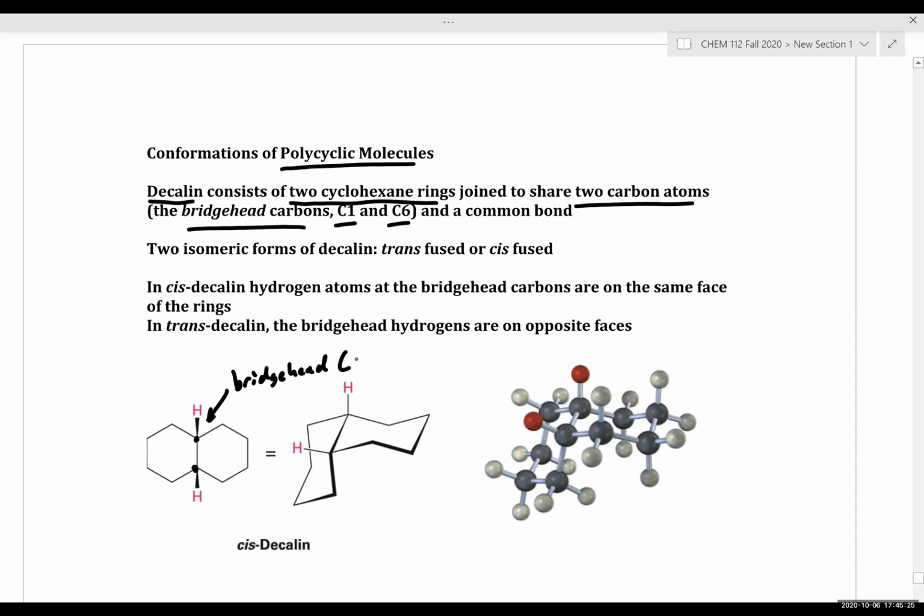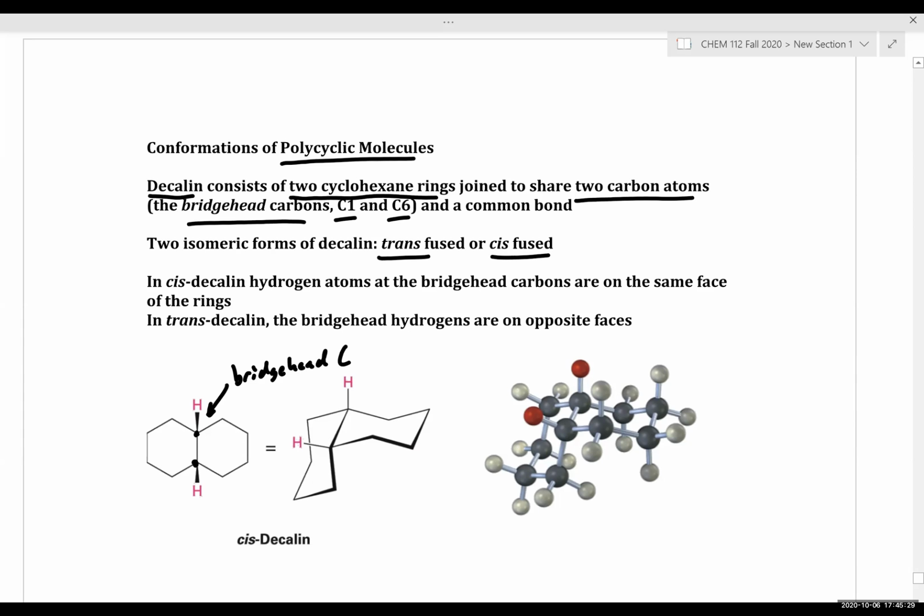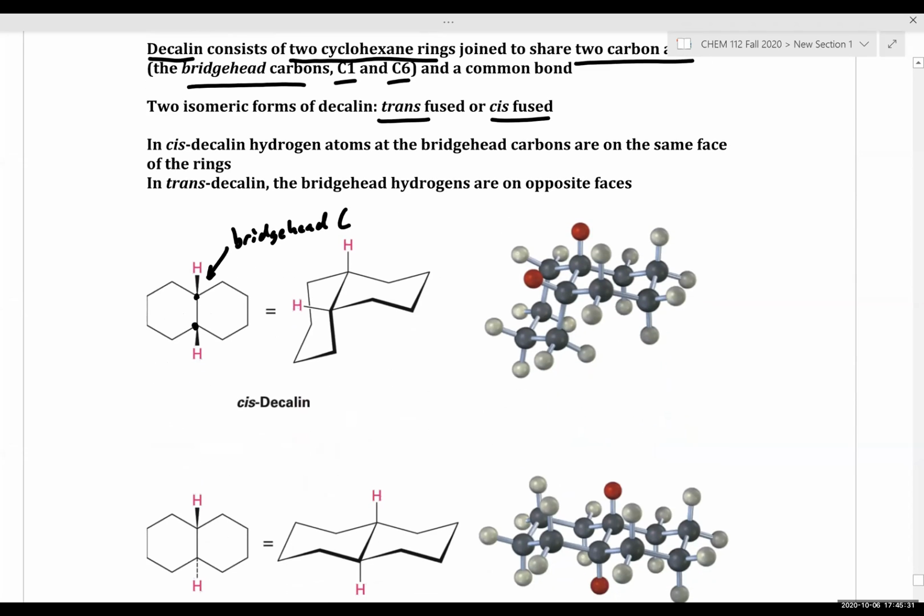Now, there are two isomers of decalin, trans or cis. In cis decalin, the hydrogen atoms at the bridgehead carbon are on the same face of the rings. So, for example, in this case, this hydrogen can be thought of as quote unquote axial up, while this hydrogen can be considered equatorial up.